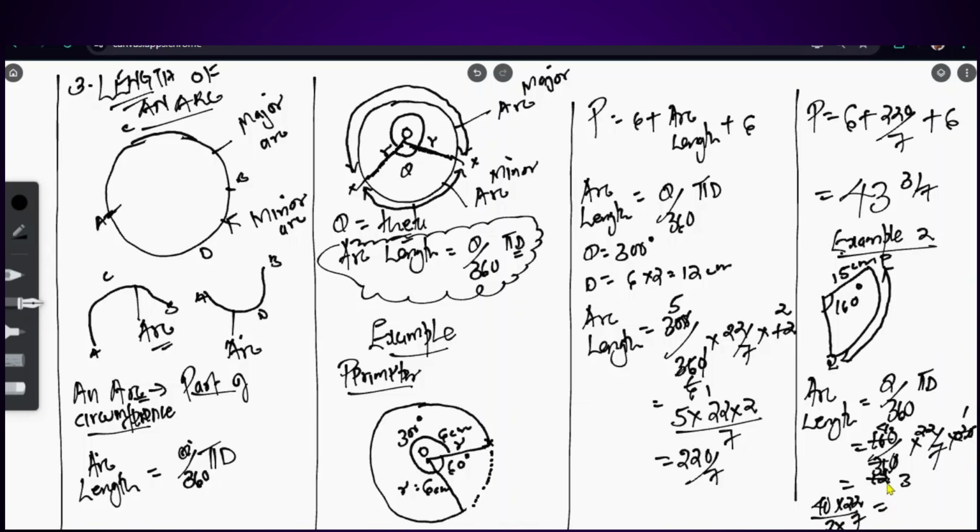So what is your answer? 40 you multiply by 22, this is 880. Then this 3 you multiply by 7, that is 21.